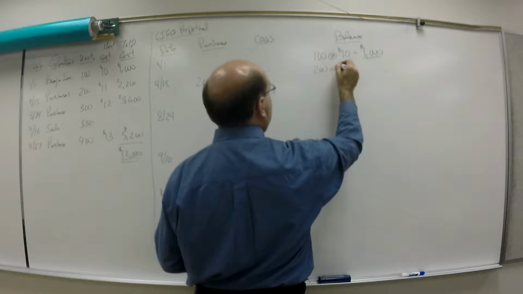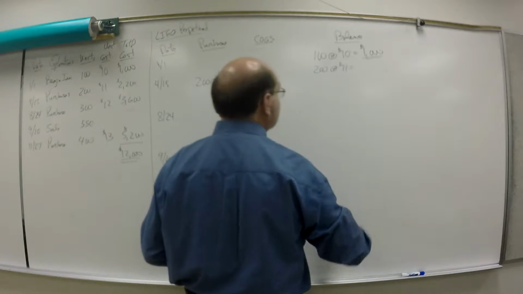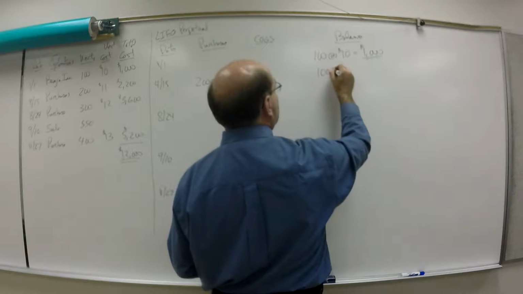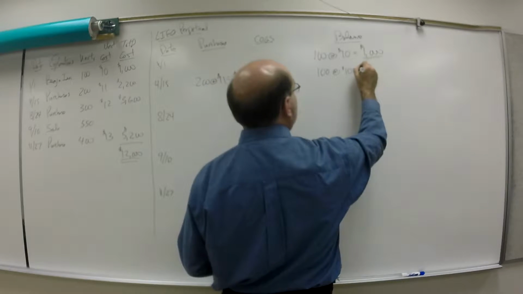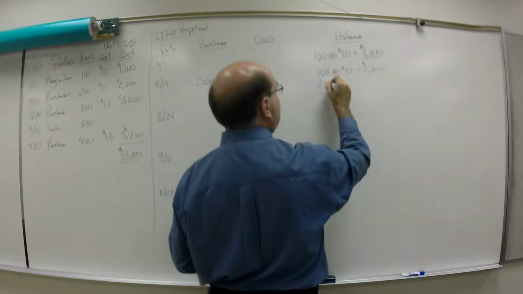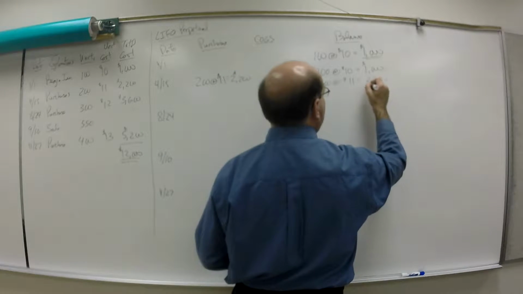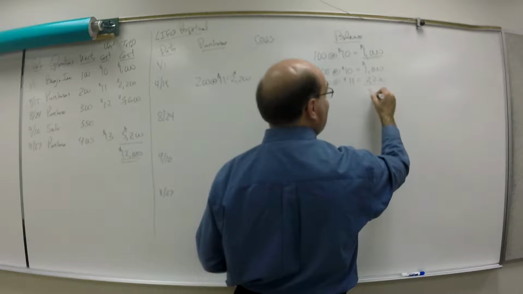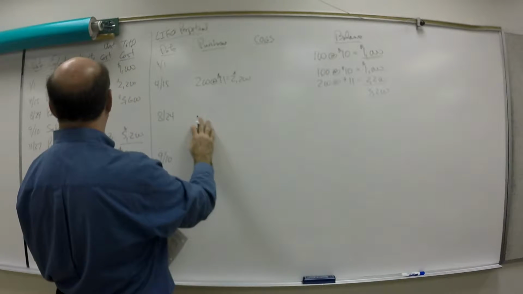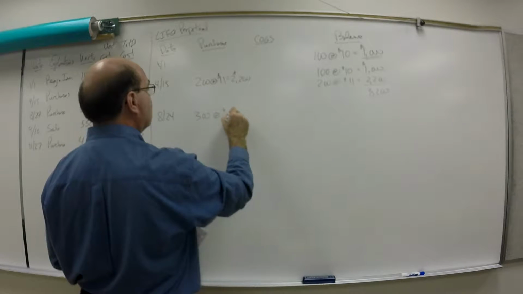And we carried this over. 200 at 11 equals. You have to do the layer, don't I? Get in a hurry. 100 units at $10 equals 1,000. And then I bring my 200 over to create my next layer at 11. So that's 2,200. I add those all up. That works out to be 3,200. On the 24th, I have another purchase, 300 at 12.